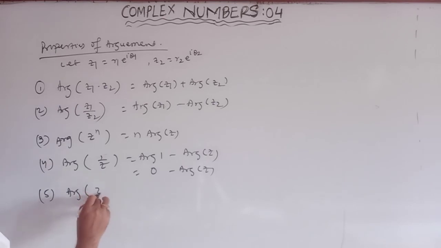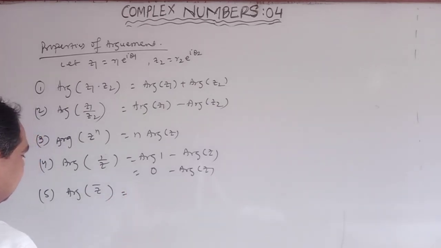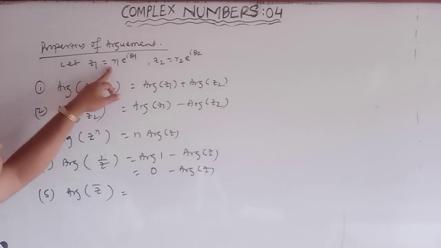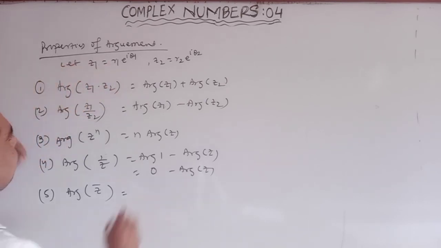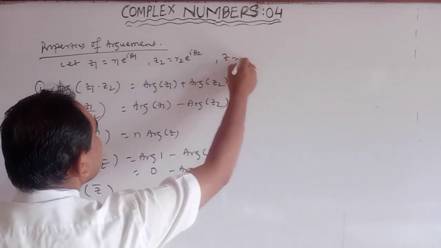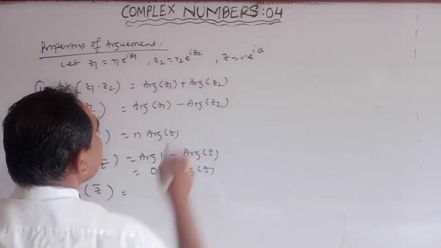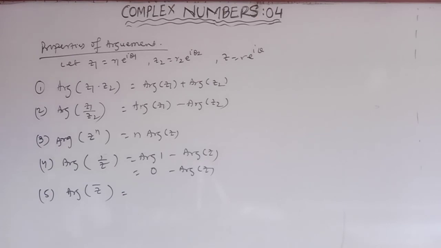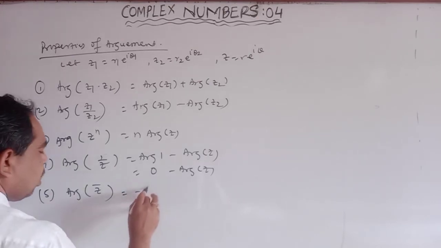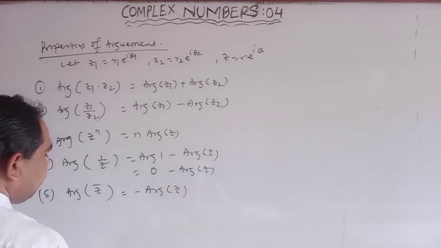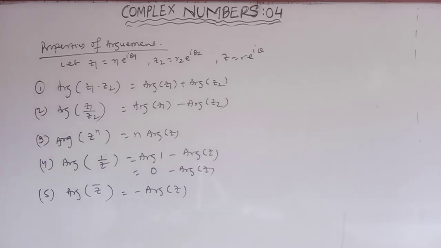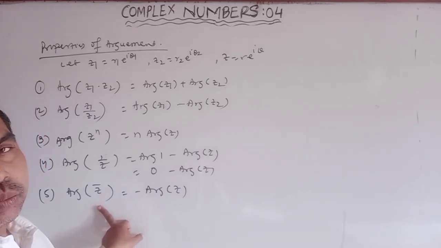5: arg of z bar. Here z is equal to r e to power i theta, and arg of z bar is minus arg z, because z lies in the first quadrant and z bar lies in the fourth quadrant.